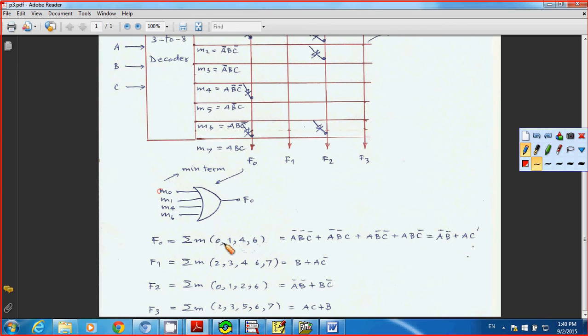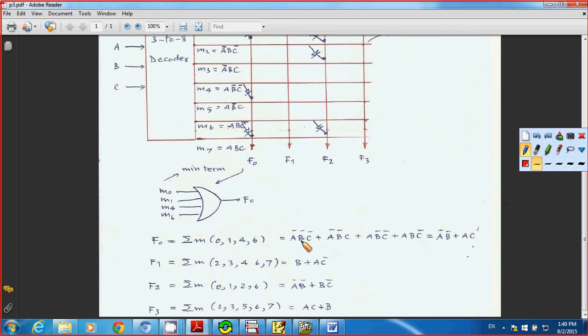What you need to work out is to write down your M0 here. It's in terms of A complement, B complement, and C complement. They are all ANDed together. For M1, you have A complement, B complement, and C. For 4, you have A, B complement, C complement, and for 6, you have A, B, and C complement.